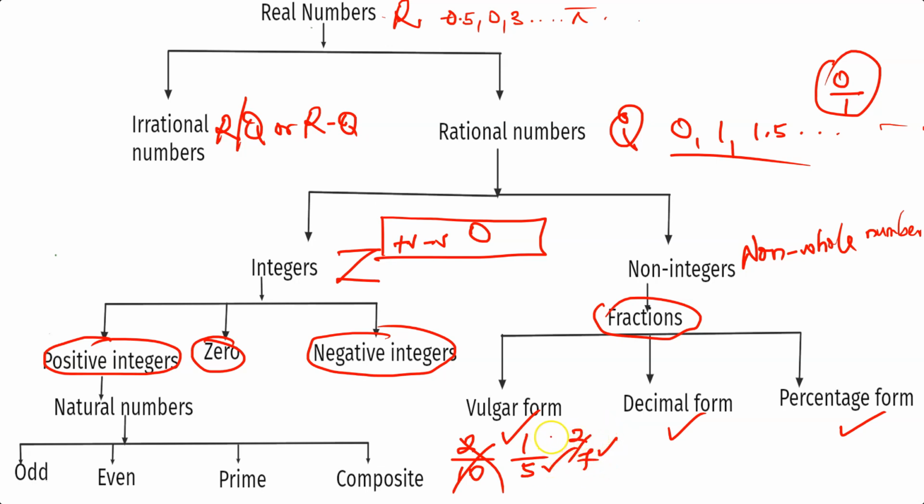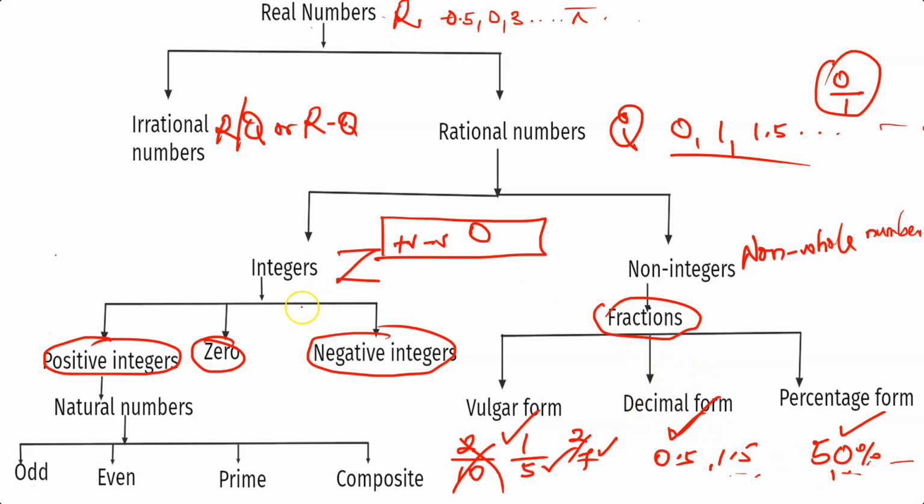So denominators like 100, 10, 1000, 10,000, etc. These do not qualify as vulgar fractions because their denominators are powers of 10. Decimals are simple to know: 0.5, 1.5, etc. And percentage form, we can have something like 50%, 100%, etc. These are the percentage forms of non-integers.